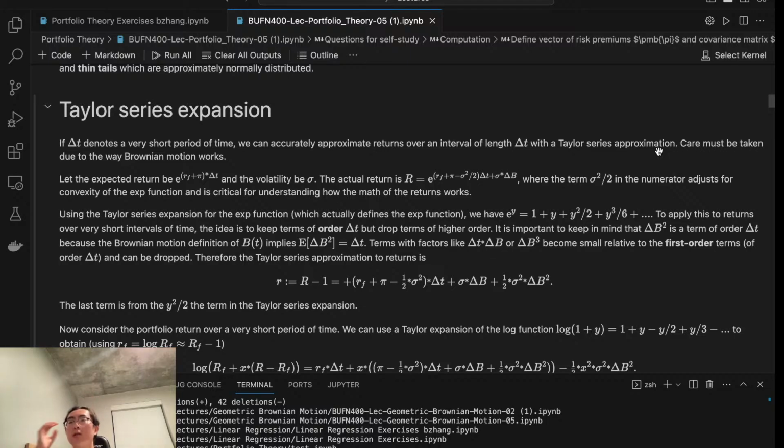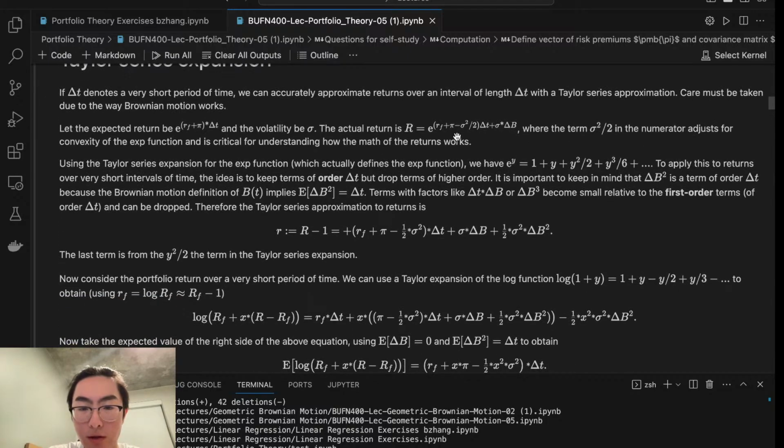Mu plus sigma squared divided by... Okay, so I think this is the geometric Brownian motion.